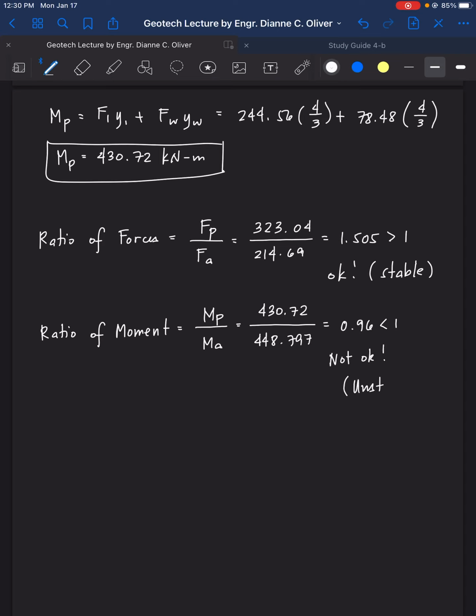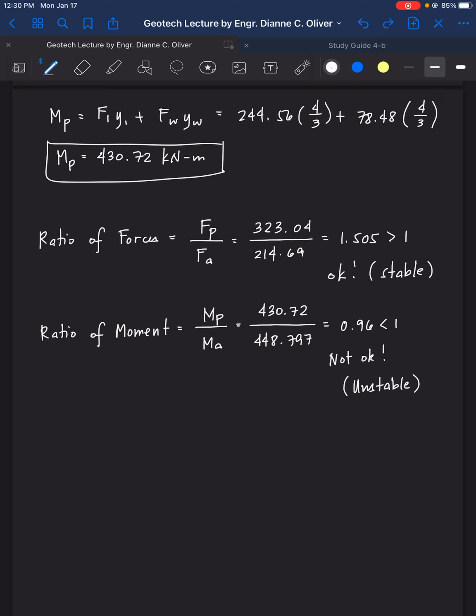Unstable. Unstable because when we're talking about the moment, the active portion is greater than the passive portion. We passed on the forces, but we failed with the moment. Okay?